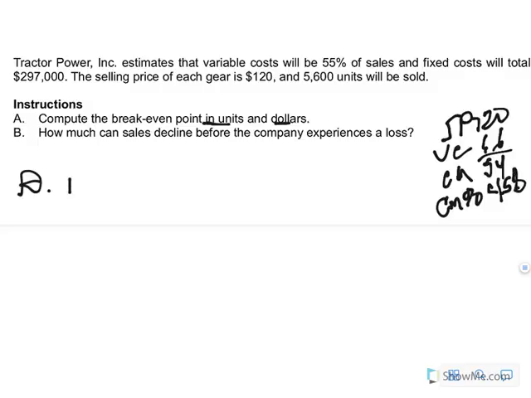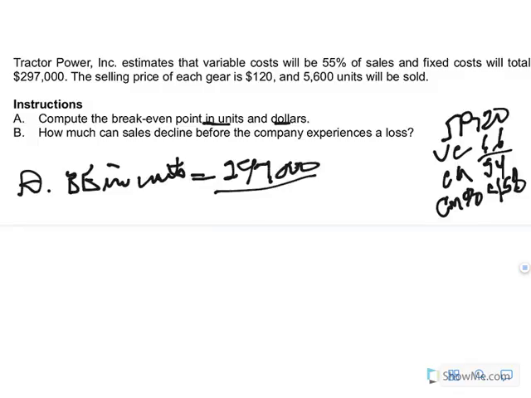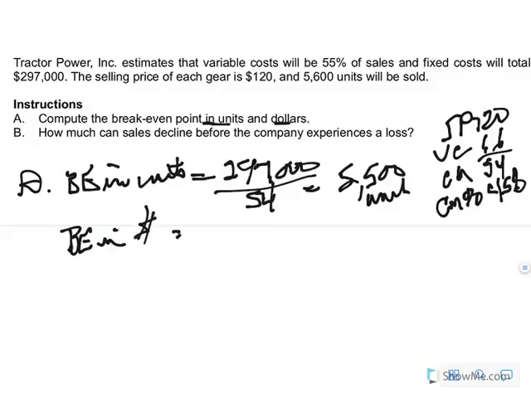They want the break even in units, and therefore it'll be the fixed cost, $297,000, divided by the contribution margin per unit, which is 54, and my break even then in units would be 5,500 units.